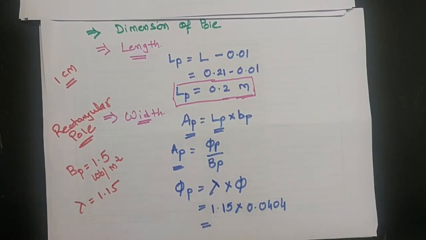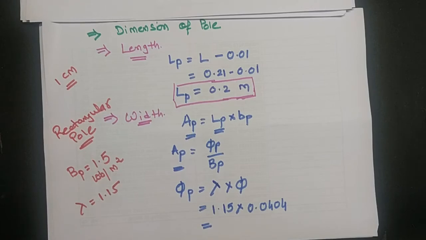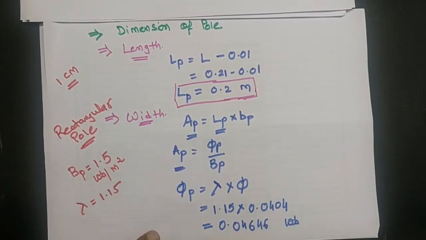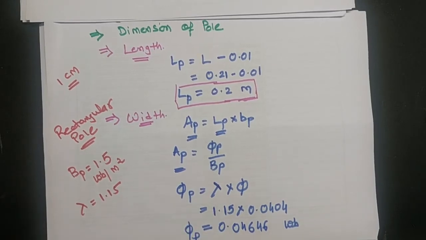So flux through the pole body is 1.15 multiplied by 0.0404, that is 0.04646 Weber. This is our flux through the pole.